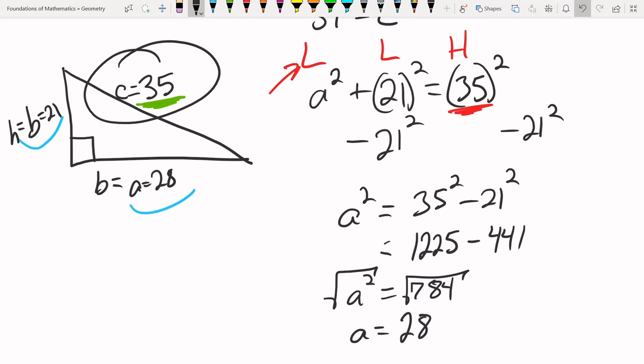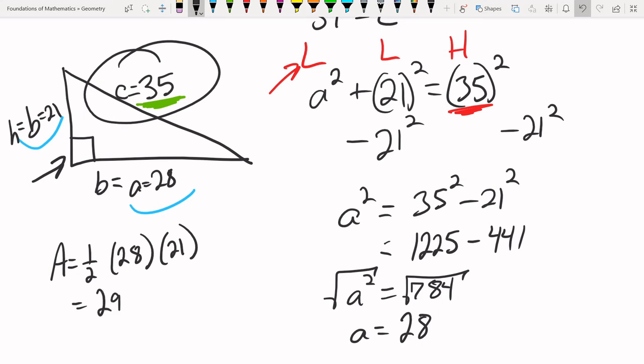That's because they meet at a right angle. So the area for this one would be 1/2 the base times the height. That would be 0.5 times 28 times 21, which gives us 294. So right triangles are typically easier to use.